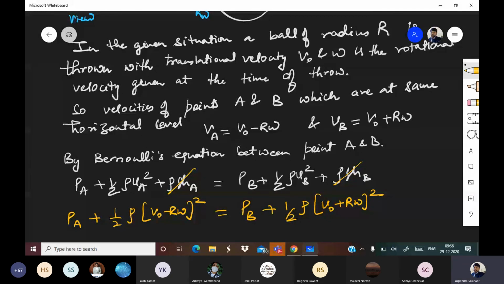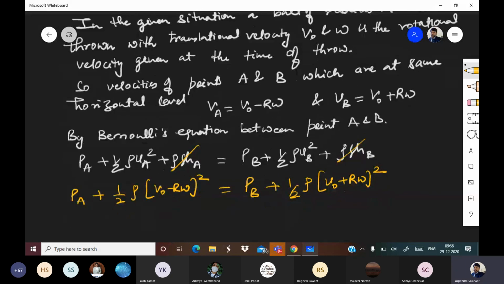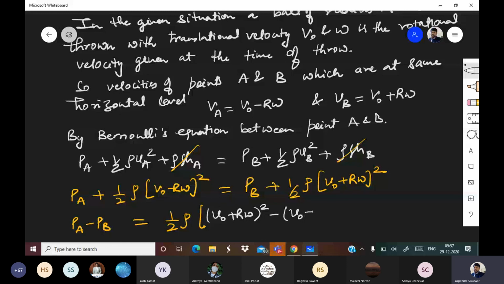So in the next step I am going to take PB on the other side. So this will become PA minus PB, and that will be equal to half into rho, into V naught plus R omega whole square minus V naught minus R omega whole square.